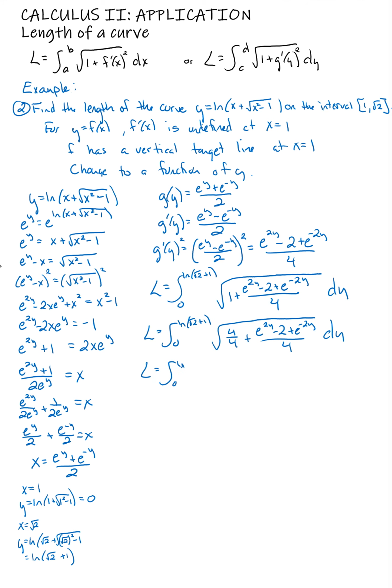So when we combine these two, inside this radical we have, combining the numerators, e to the 2y plus 2 plus e to the negative 2y. So you notice all I really did was combine the 4 and that minus 2 in the numerators. And this is, of course, all over 4.